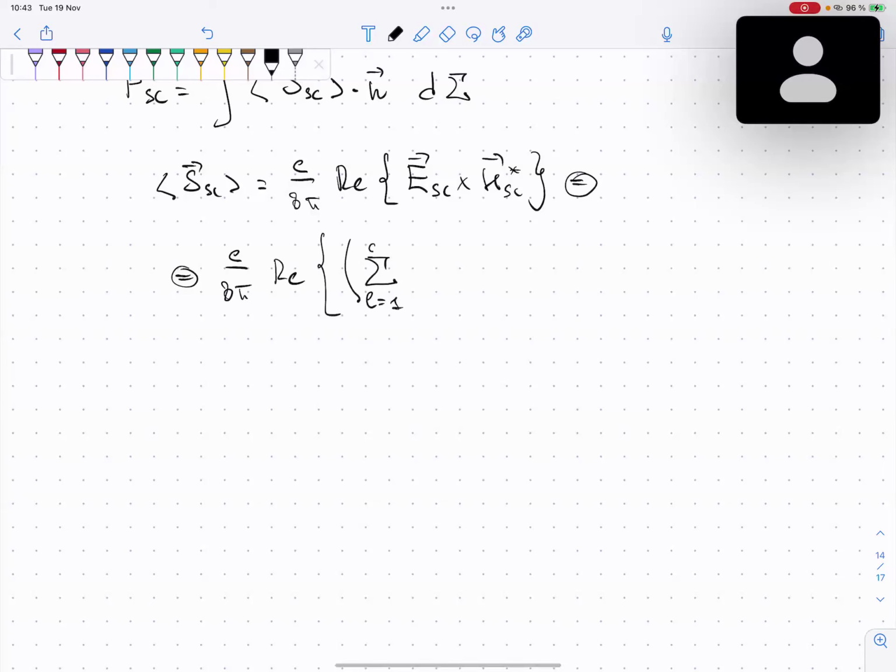sum from L equals 1 to infinity of A_L N electric L, even, L1, or it was not 0, it was 1, sorry, minus i A_L minus B_L magnetic harmonic O L1, vector product with the magnetic field, and the magnetic field we can write as the curl of the electric field over ik.